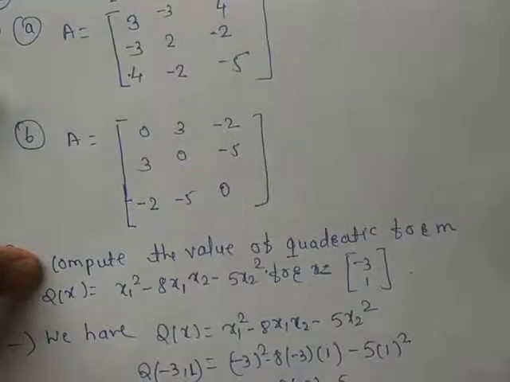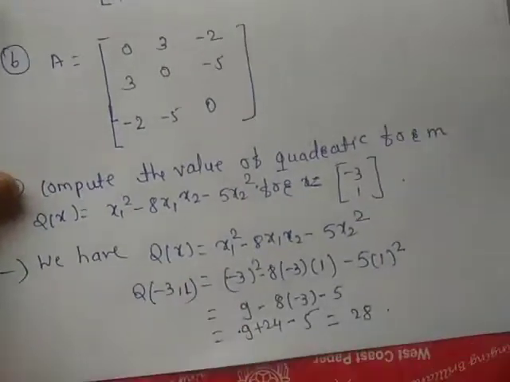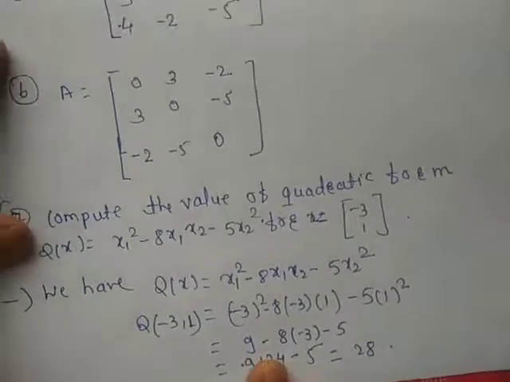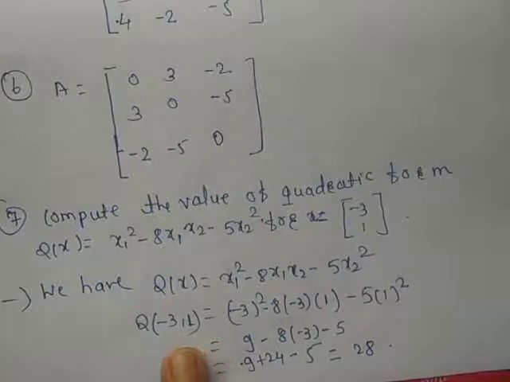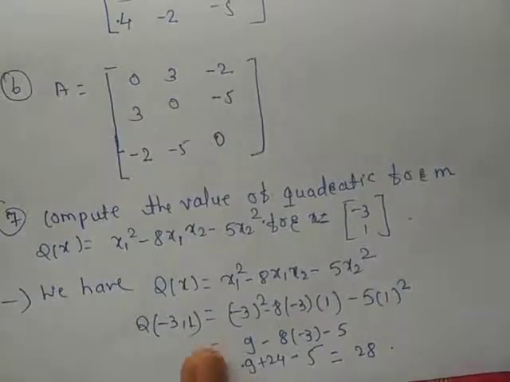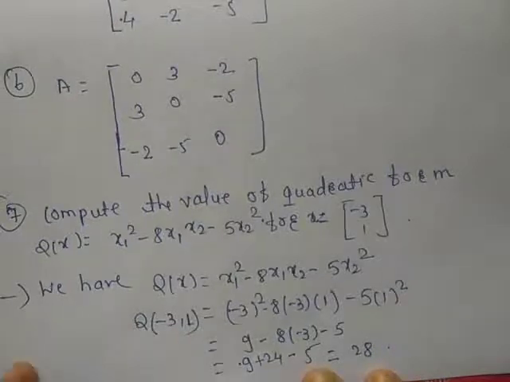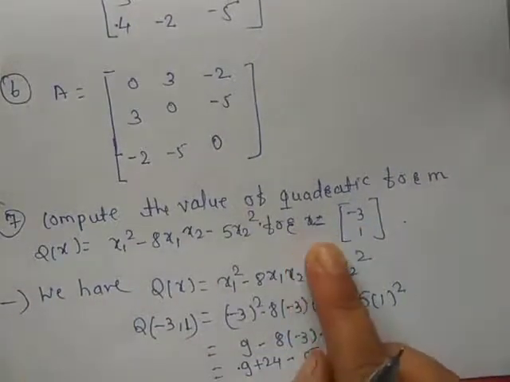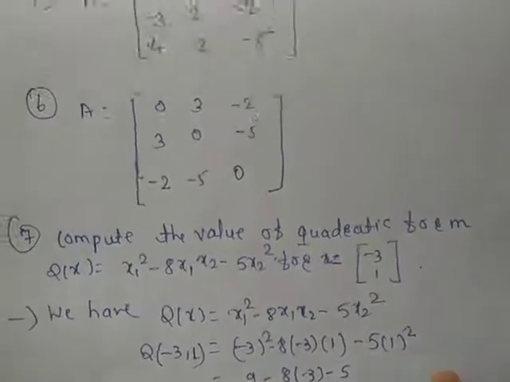This is nothing but 9 plus 24 minus 5, which is equal to 28. Means the value of the quadratic form at x equal to the vector -3, 1 is 28.